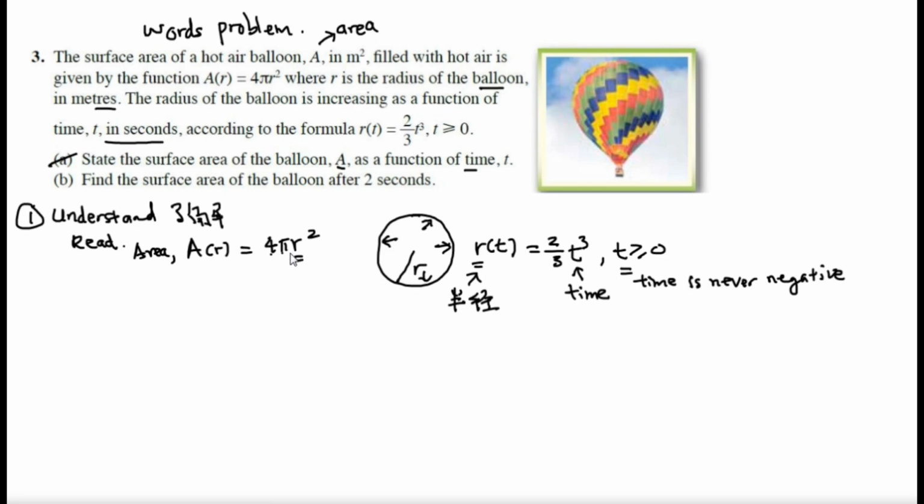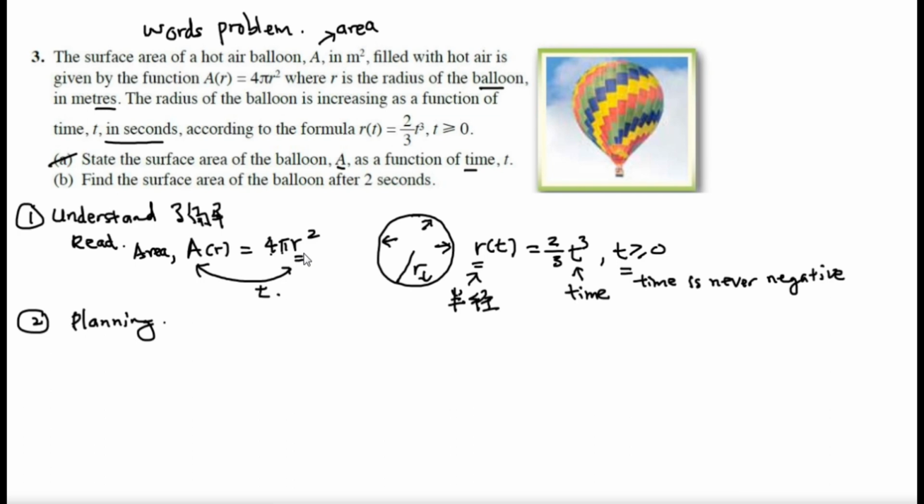Now the question wants us to relate A with time. So how to do it? The second step, we must plan. We must do planning: how to relate the area to time.